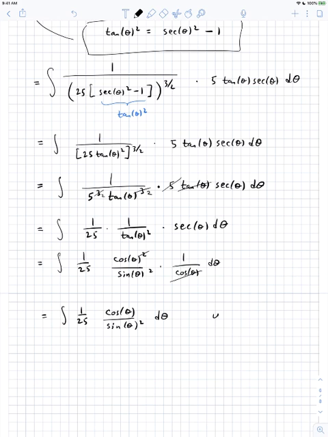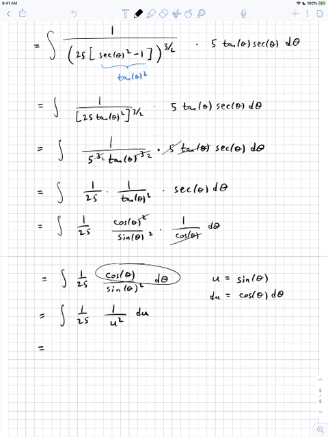And now we're going to use the substitution. You let u be equal to sine of theta, and then du is equal to cosine theta d theta. And we have that cosine theta d theta right there. So it's the integral of 1 over 25 times 1 over sine, which is u, squared du.